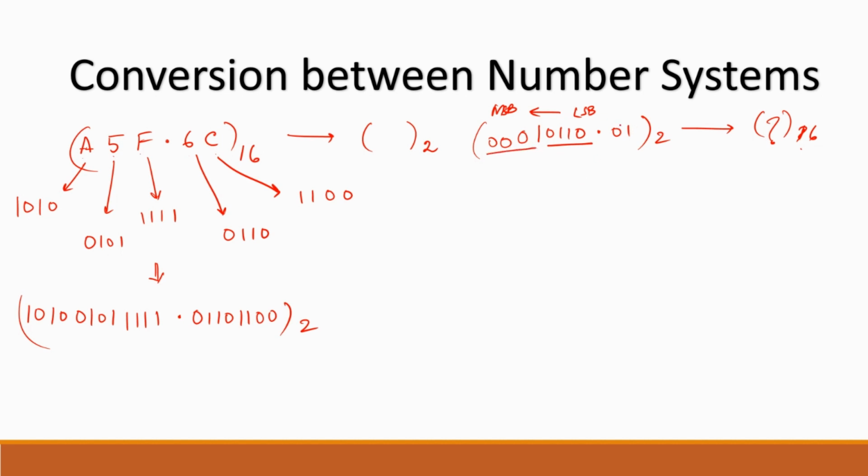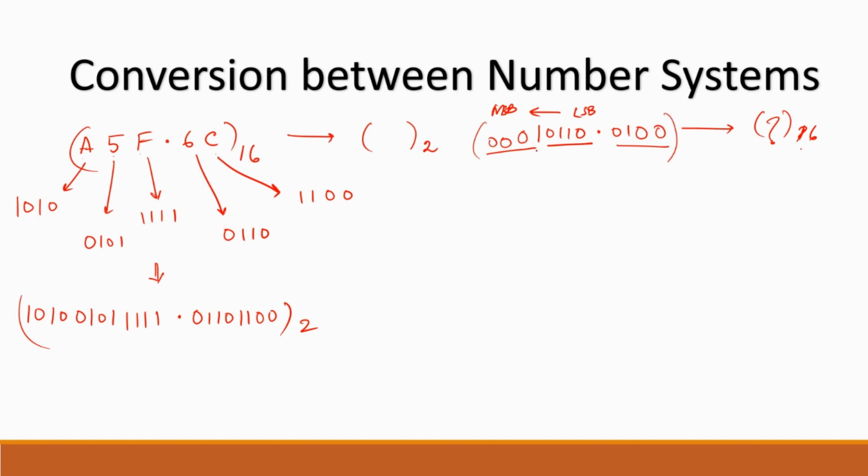And for the decimal part of this number, we have to pad zeros to the right. For the integer part of the number, we padded zeros on the left. For the decimal part, we need to pad the zeros on the right. So here we'll pad 2 zeros and make it a group of 4 binary digits.